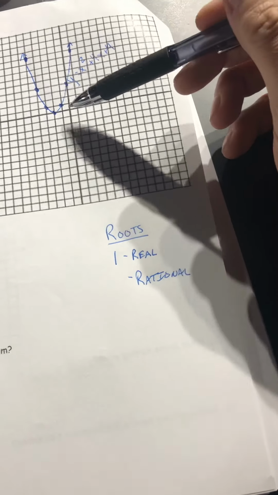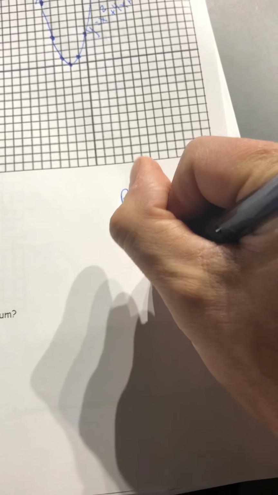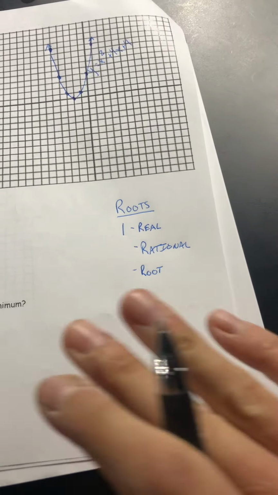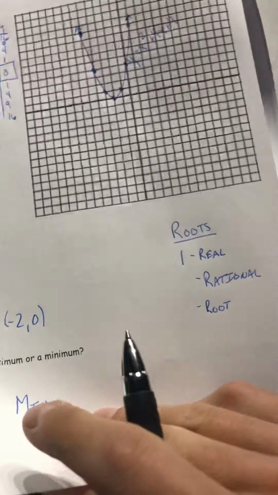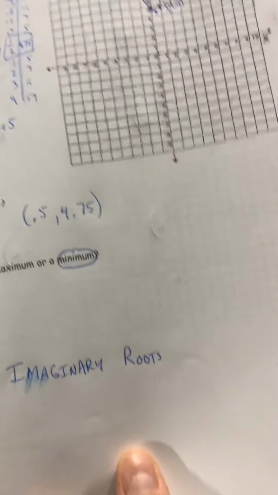Rational because it crosses at negative 2, so that number terminates. And once again, we talked about that in yesterday's lesson, where this one did not cross, so it was imaginary roots.